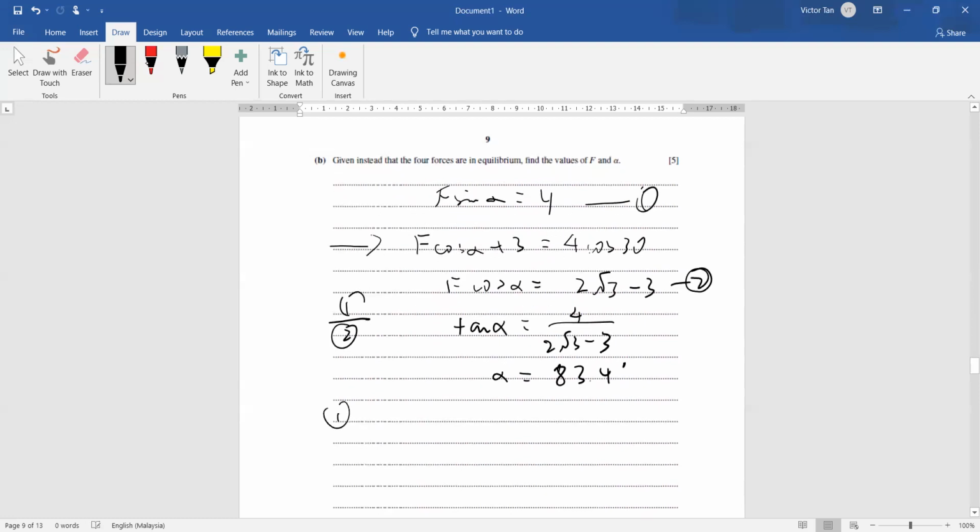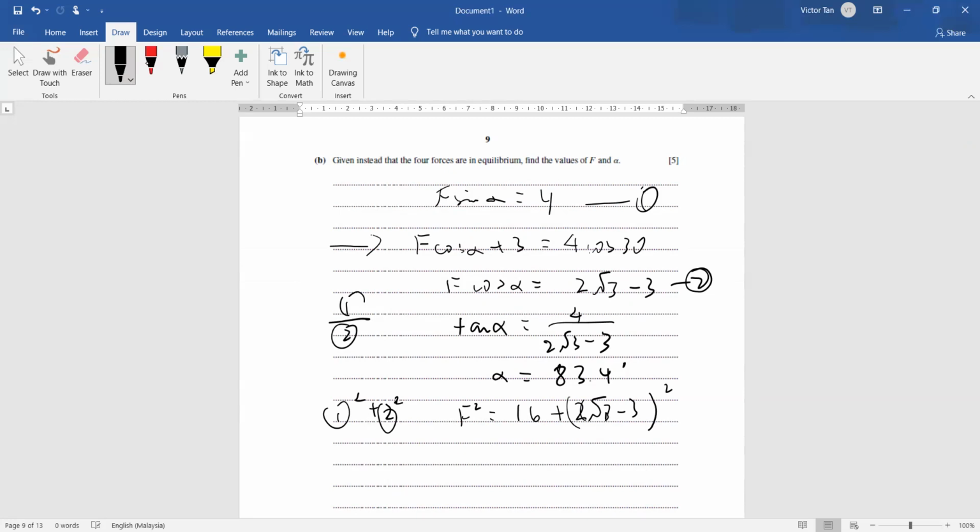Now, equation 1 squared plus equation 2 squared, you have F squared equals 16 plus 2 root 3 minus 3 squared.